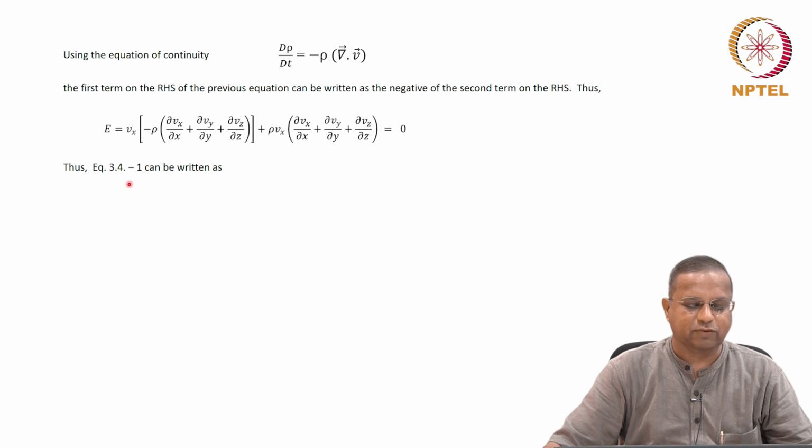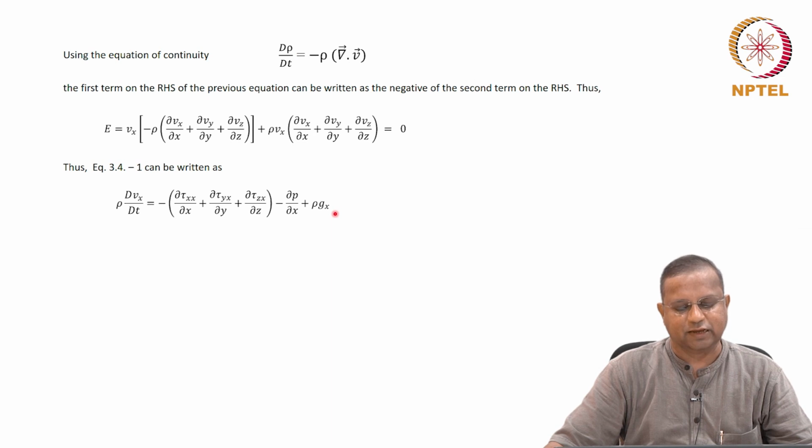Therefore, you could write equation 3.4-1 as ρ times the substantial derivative D/Dt of Vx equals whatever terms remain here. The left hand side has just become this now, and you have the right hand side of the original x direction momentum balance equation: minus ∂/∂x of τxx plus ∂/∂y of τyx plus ∂/∂z of τzx, minus ∂p/∂x plus ρgx.